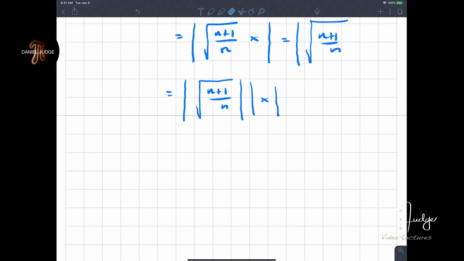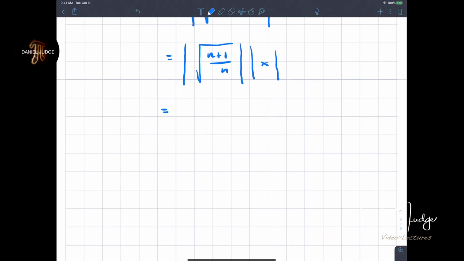Now, this portion here, we can say the answer is positive, so we can get rid of the absolute value. Then you have the absolute value of x.